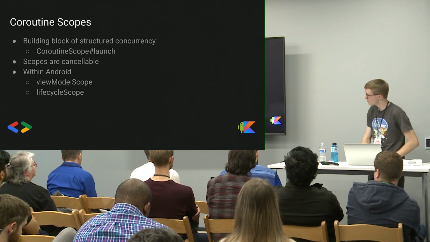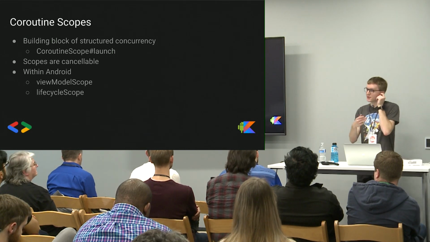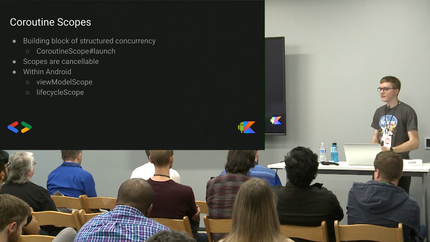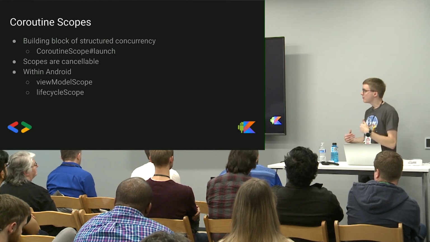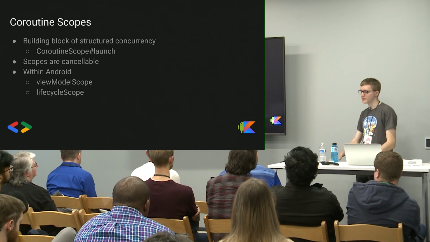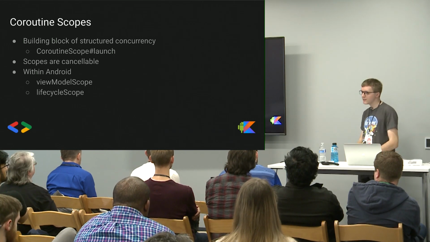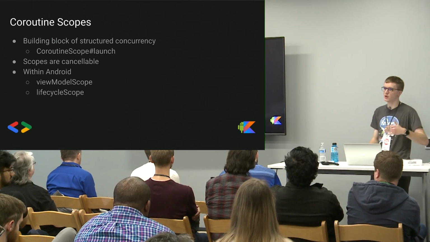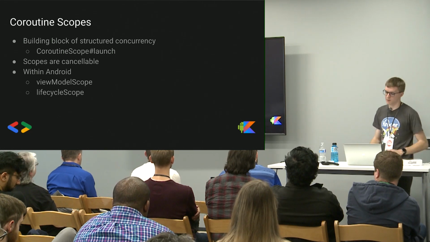And within Android, outside of ViewModel Scope, there's even Lifecycle Scope, which means we can launch coroutines effortlessly in the view model, in the activity, in the fragment, anything that has a lifecycle of any sort, really.